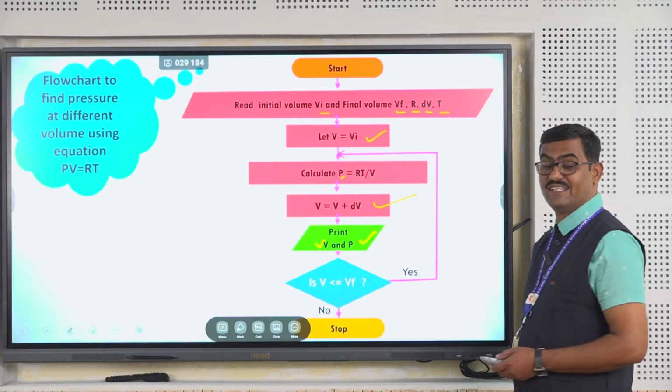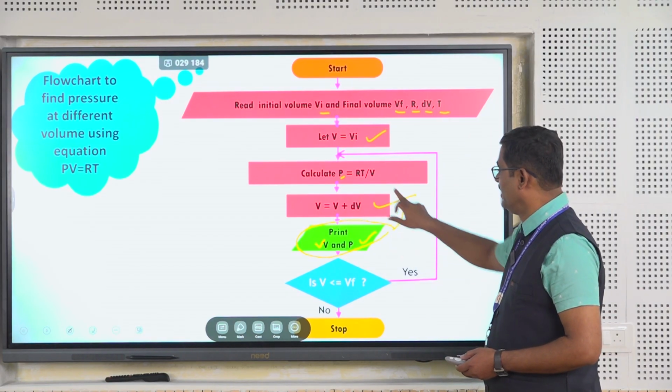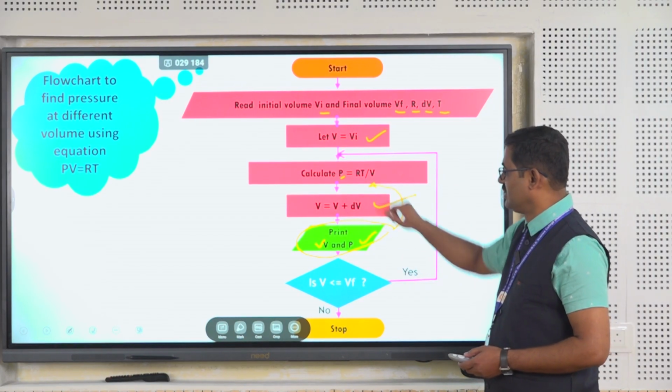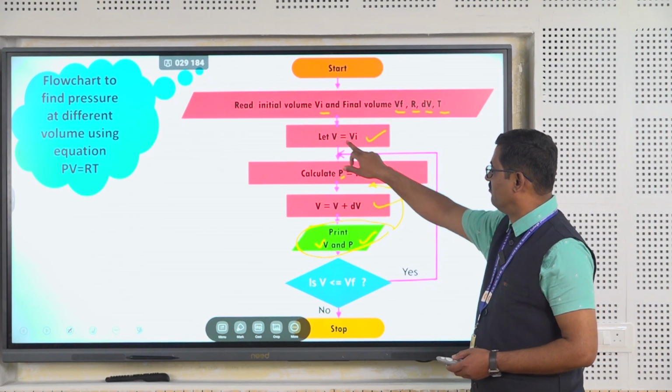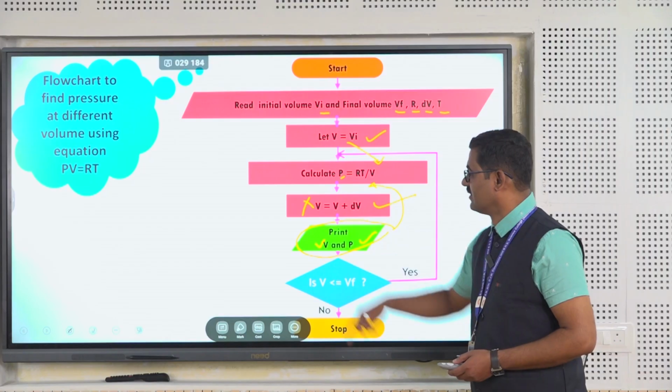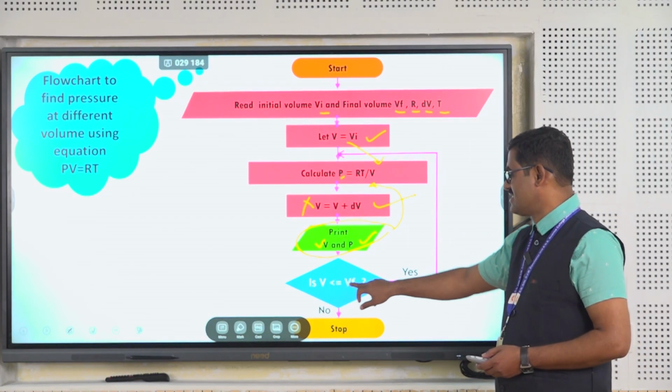Now what is the mistake in this particular flowchart? The mistake is that this block should be above this, because whatever pressure you are calculating, that pressure is for this volume, not for this. Okay, then check whether V is less than or equal to Vf.